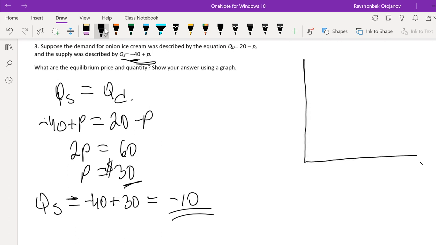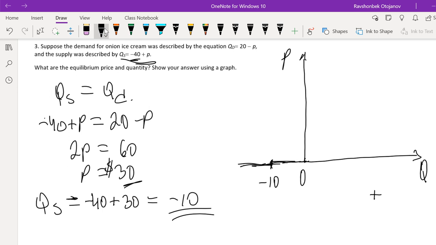Quantity here, price here, so all values on this graph should be positive, because we start from 0 and everything would be positive. We won't have a negative 10 in quantity. If it is negative 10, it has to be in this other quadrant.